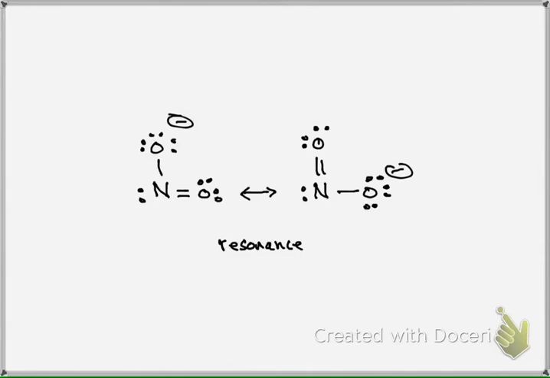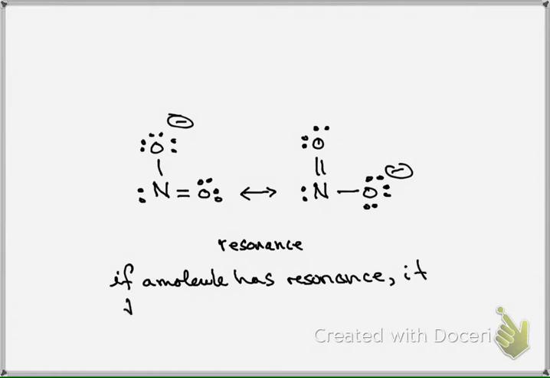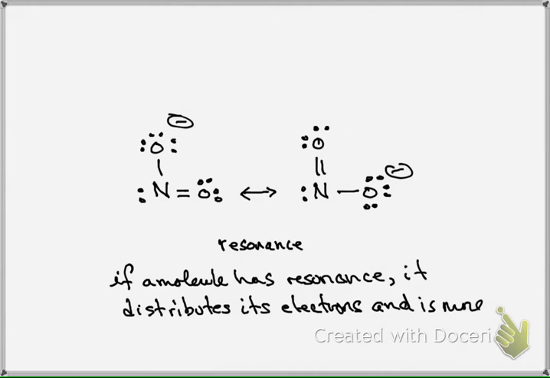So if a molecule has resonance, it distributes its electrons and is more stable.